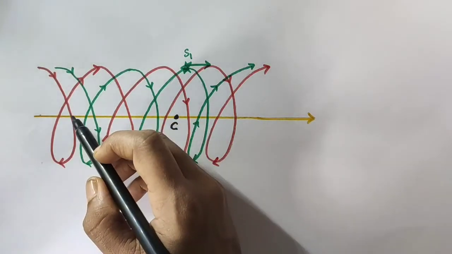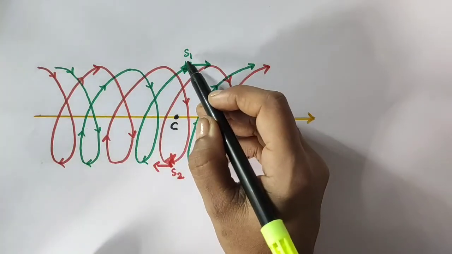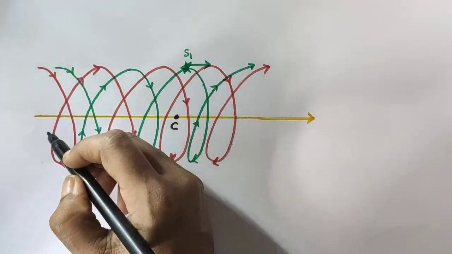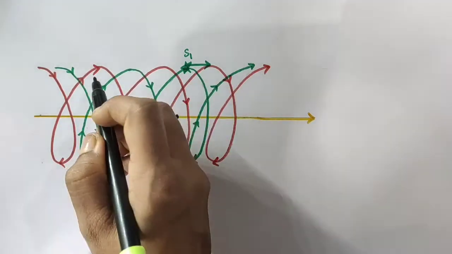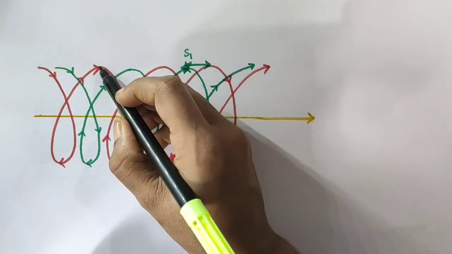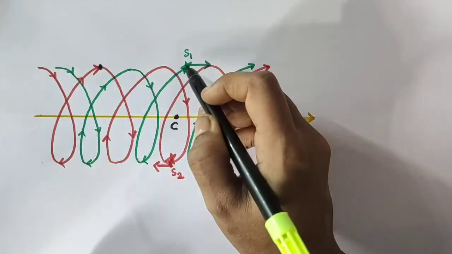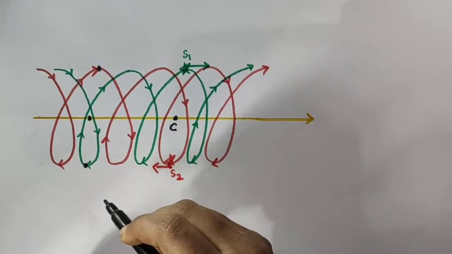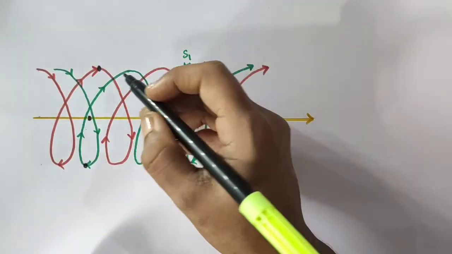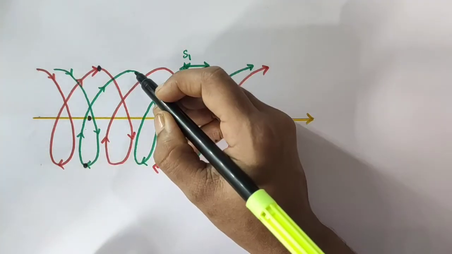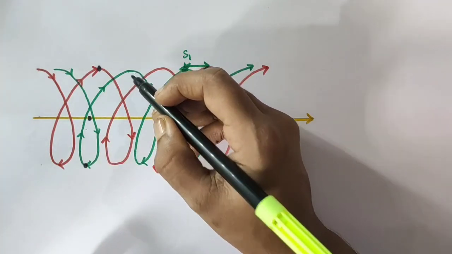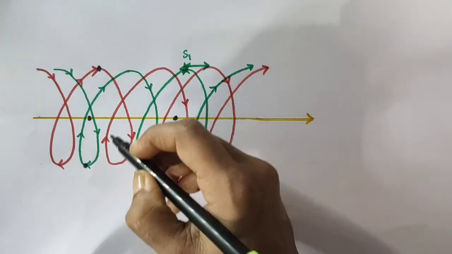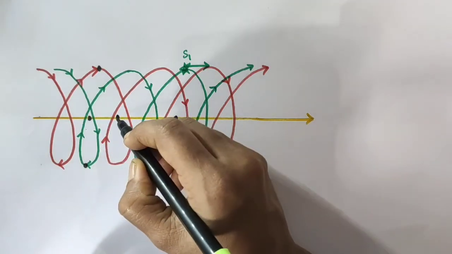Initially, imagine the two stars S1 and S2 were somewhere here: the star S2 was here, and the star S1 was here. So their center of mass would be here. Then after some time, the star S1 might have reached here and star S2 might have reached here, but their center of mass would be here.